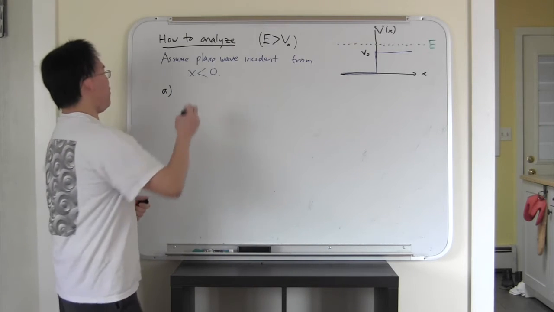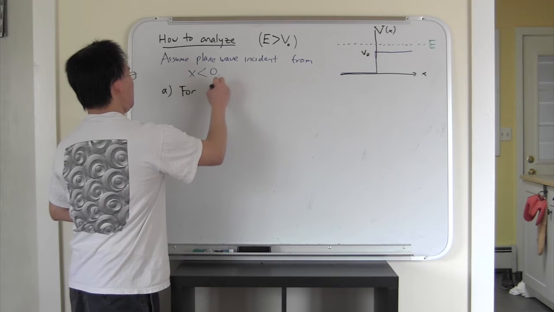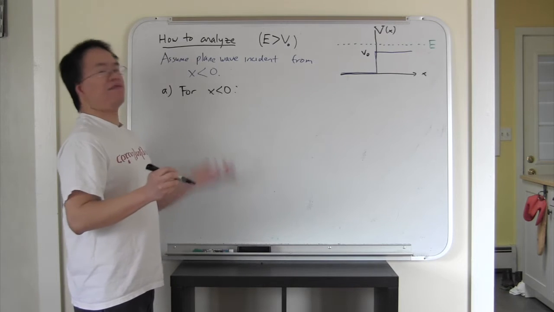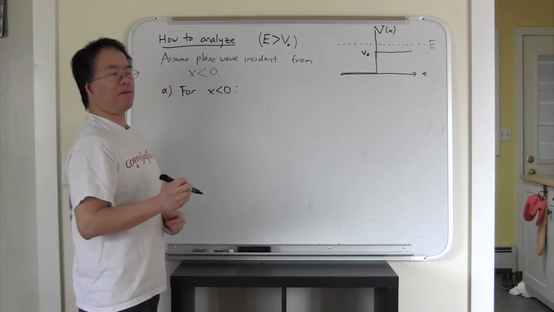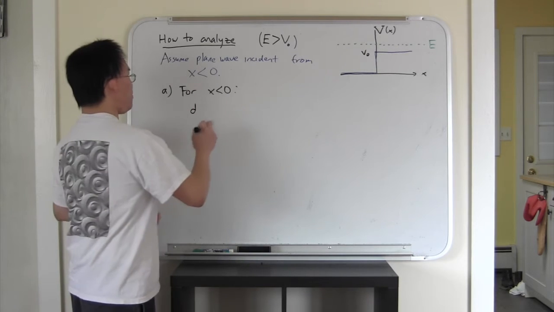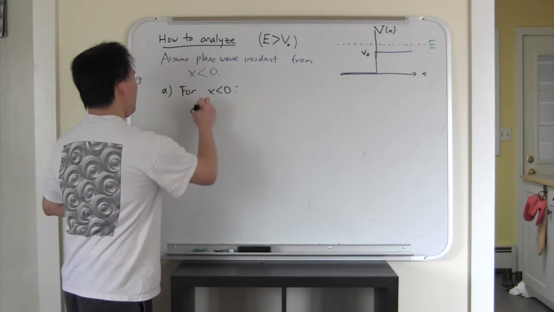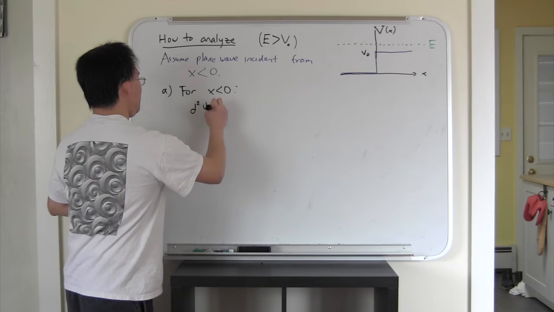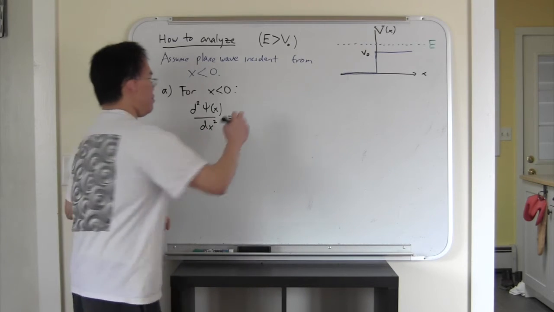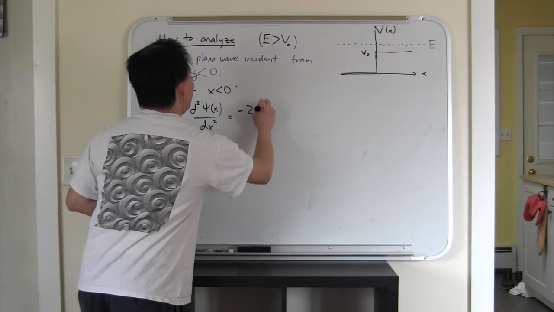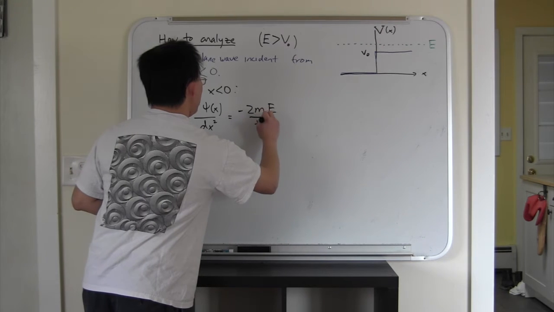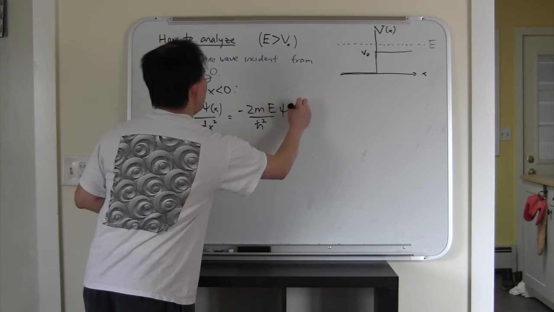Let's start by doing this for x less than 0. I think you might already know what the answer is going to be, since we've dealt with potential energy being 0 several times already. My TISE is going to take the following form, where V is 0. I am going to get d squared psi of x dx squared equals minus 2mE over h bar squared times psi of x.